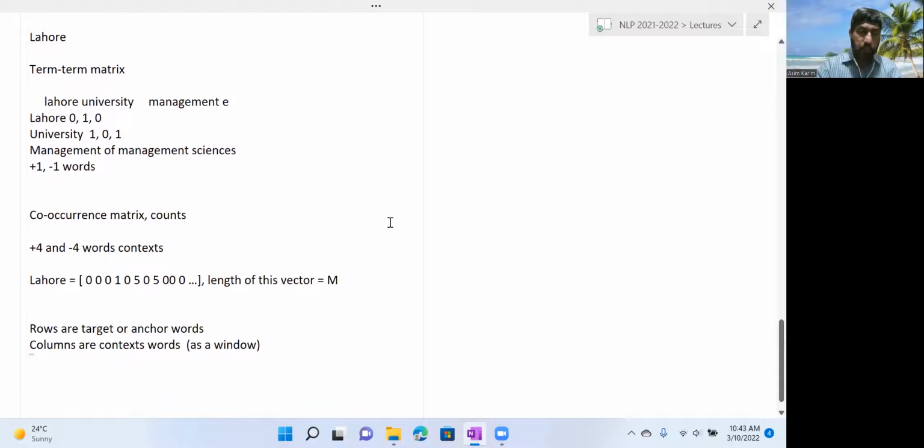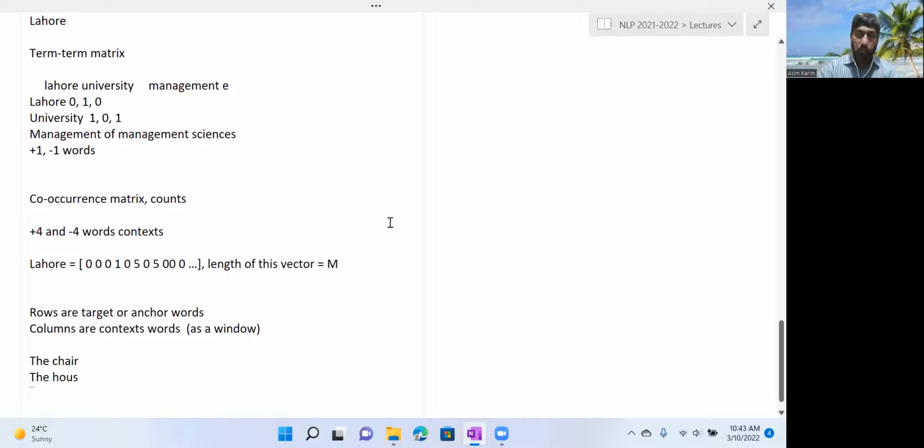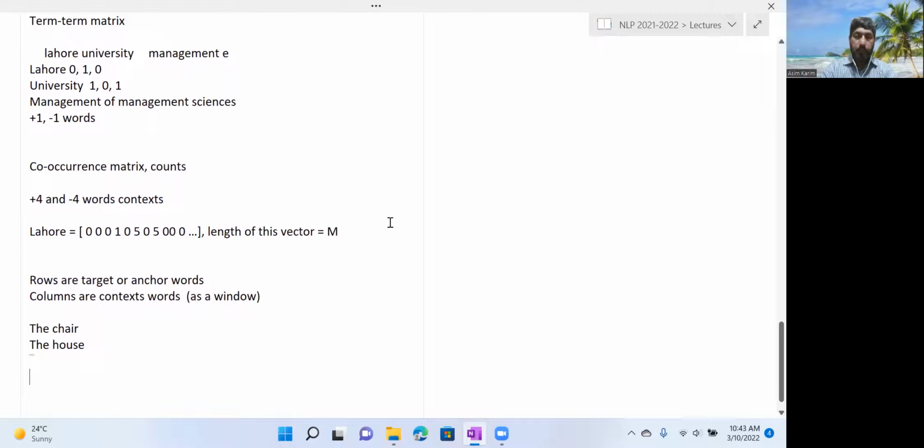So you can think of examples like, for example, a word like D. So D is a determiner, right? So this would often be used commonly with words like nouns. So the chair, for example, or the house, or whatever. So one thing you can infer using the window length.